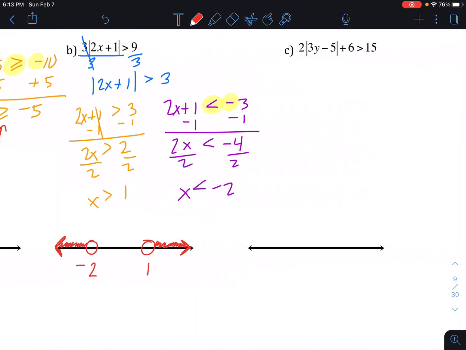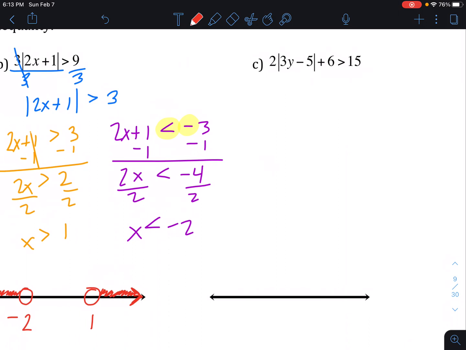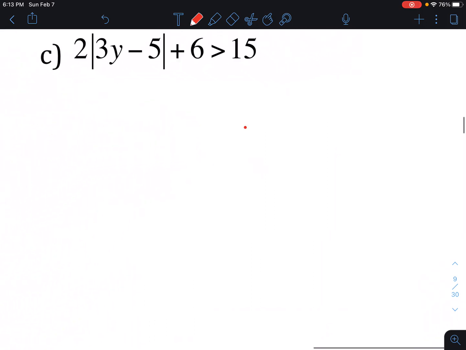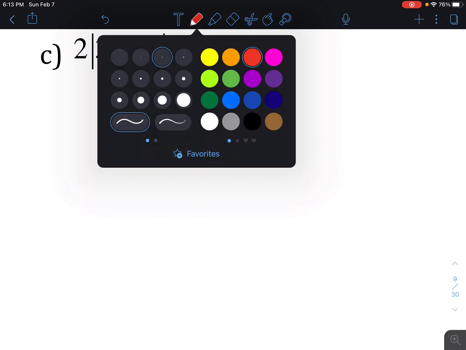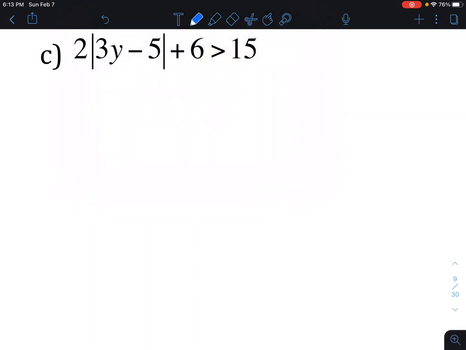Okay, let's do one more, letter C. So what do we need to do? Well, we definitely need to first get the absolute value by itself. Do I get rid of the 2 or the plus 6 first? Well, get rid of the 6 first. So let's subtract 6 from the 15.